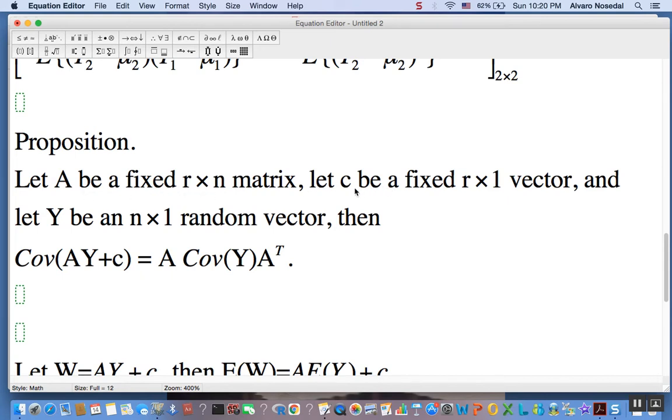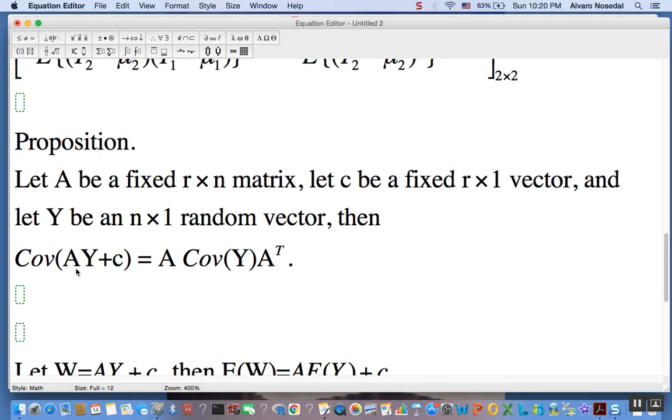We have a vector of constants C, r by 1, and we have a random vector y, n by 1. Then we would like to find the covariance of a new random vector, a transformation. How do we obtain that transformation?